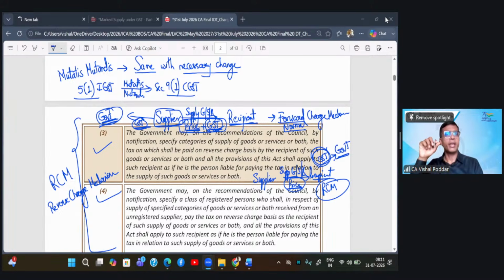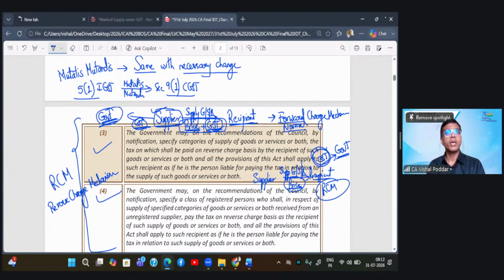Now you will find that in 90% of the transactions which are happening every day, of goods or of services, 90% or maybe even more, the government says it is much more convenient to collect tax from the supplier, and it is also convenient to catch the supplier in future if the supplier has not paid the tax or wrongly paid the tax.